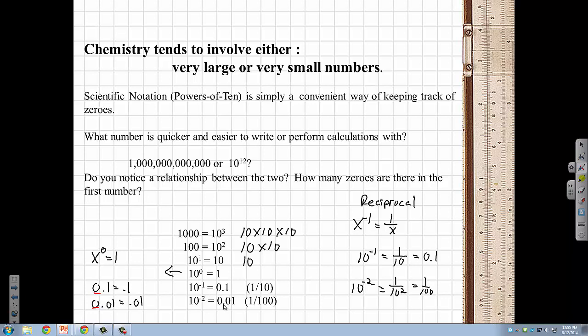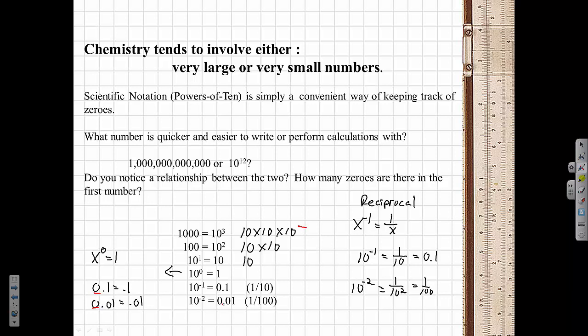Right? Another important thing to notice here is large numbers. Numbers larger than 1 are going to have positive exponents.